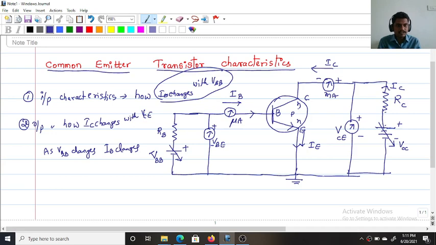Plus and zero, so it is reverse bias. The emitter base junction is under forward bias.